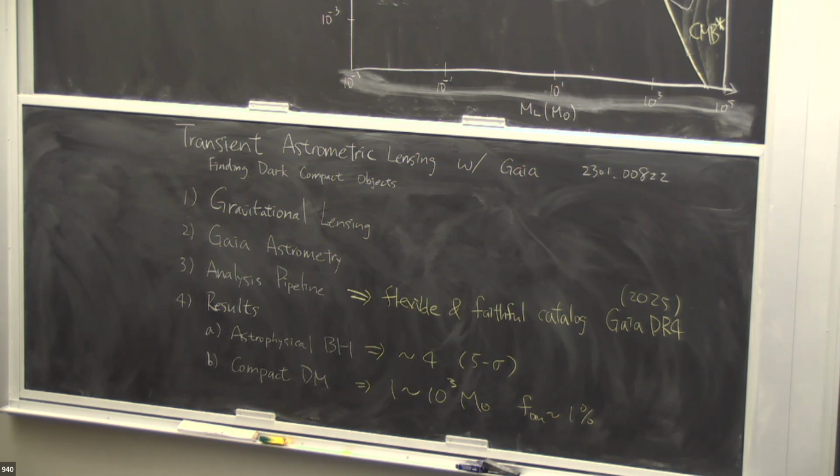This is given by this formula here. In the case where the distance to the source is much larger than the distance to the lens, then if you want to learn the parametric dependence of this Einstein radius, it is roughly 2.85 milliarcseconds, for a 1 solar mass lens at 1 kiloparsec.